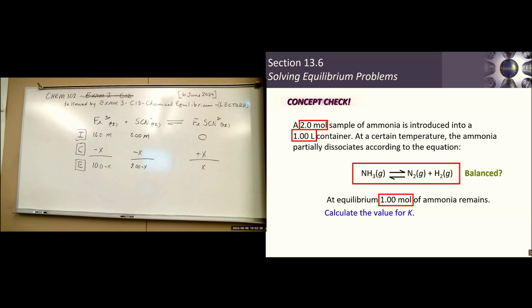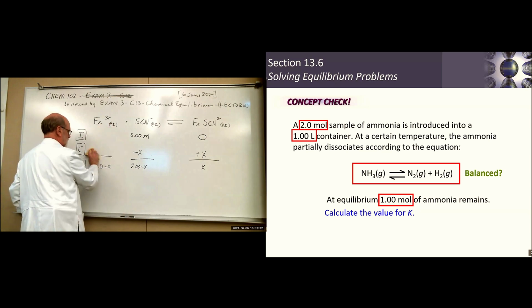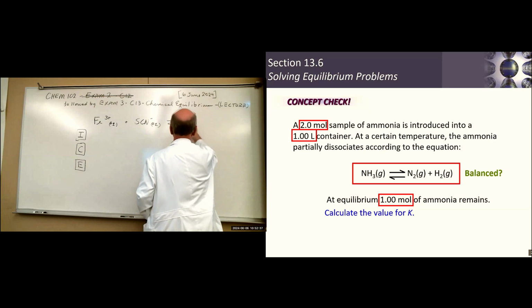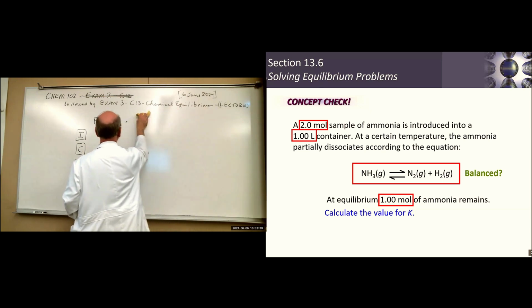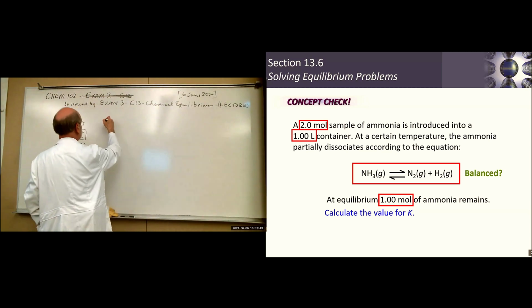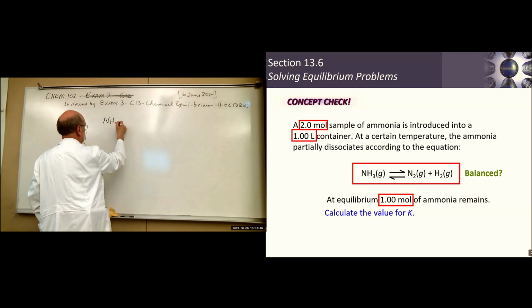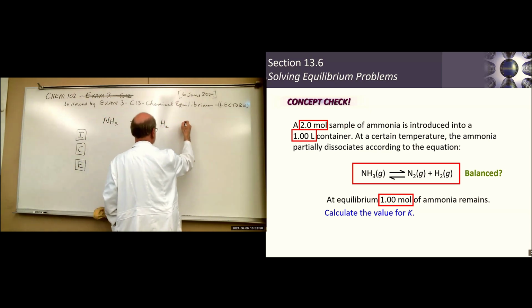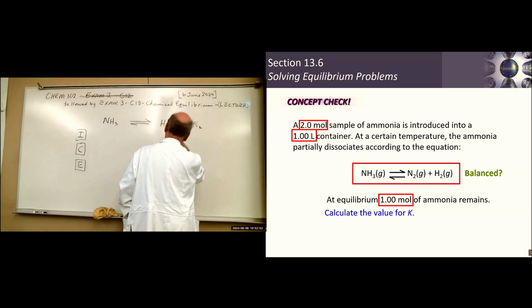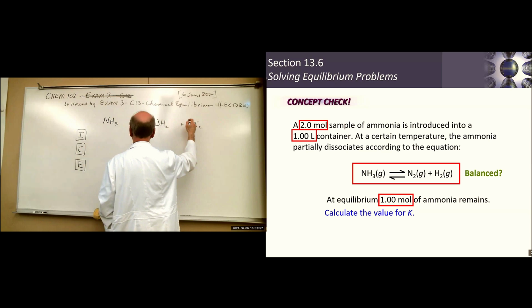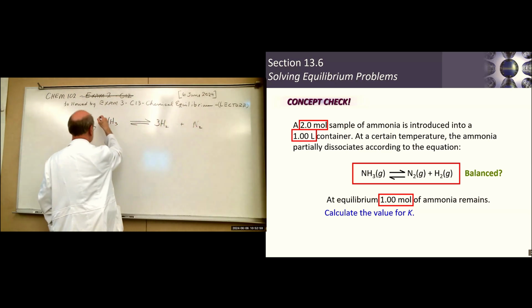I'll set it up, but I won't go through the whole solution because we don't have time. Well, let's see. Yes. We're decomposing ammonia, right? They're all gases. So we end up with hydrogen and nitrogen gas. So this one's going to be 3, and this one's going to be 1. This one's going to be 2.